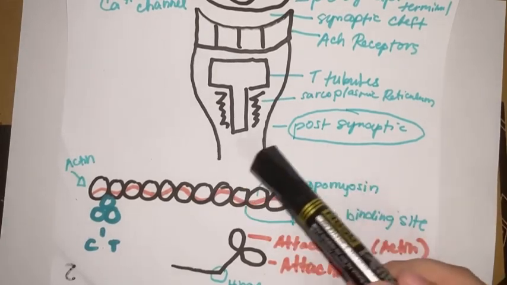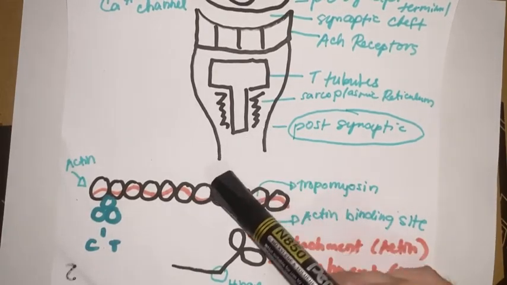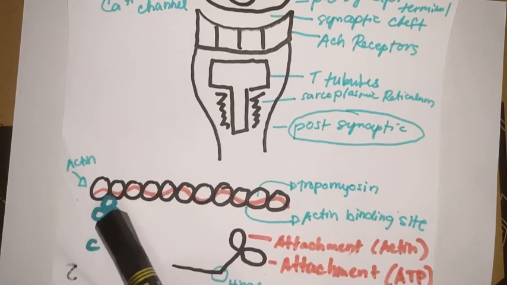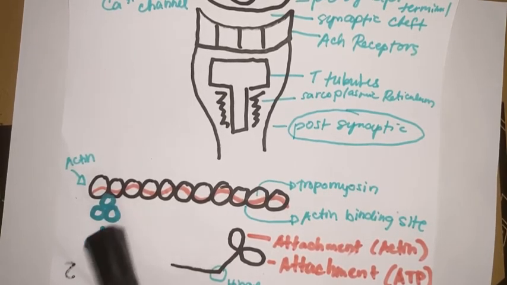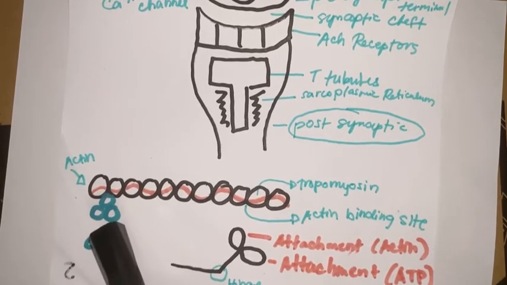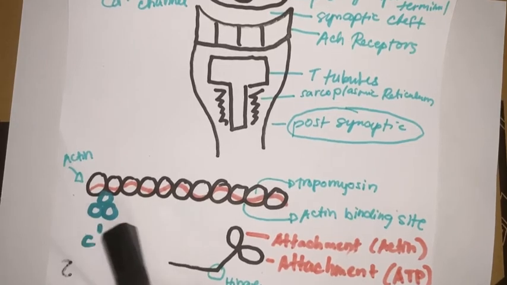Once na lumabas si calcium, pupunta ngayon siya dito sa diniscuss natin kanina, which is the actin. So, di ba, lalabas dito si calcium, tapos makikita siya ni troponin C. Di ba, we said earlier that troponin C has a high affinity to calcium. Therefore, sasama siya doon.